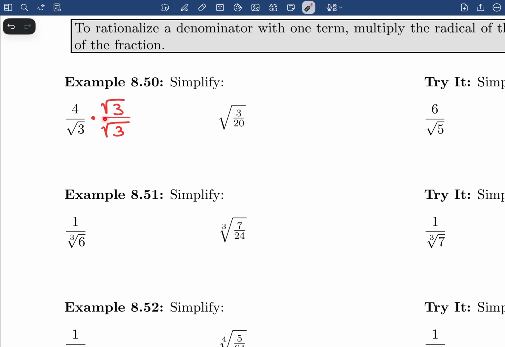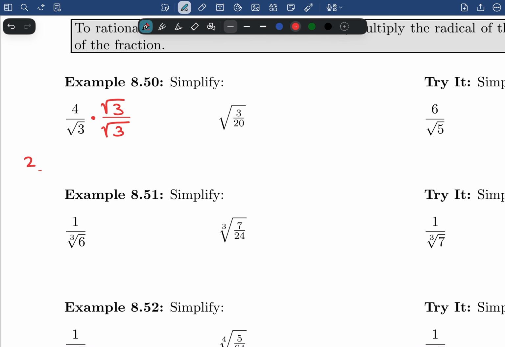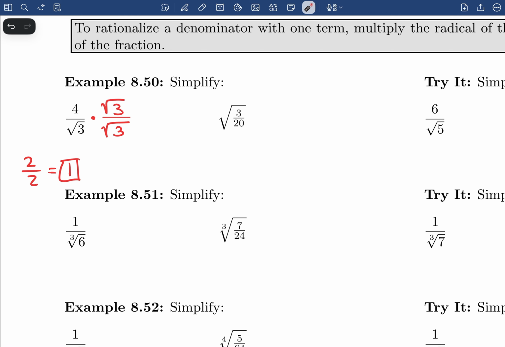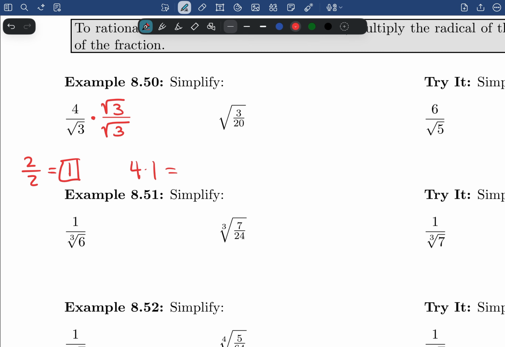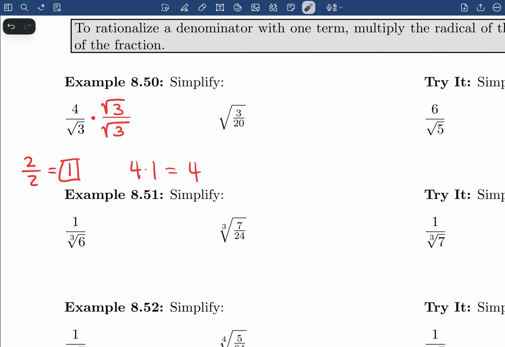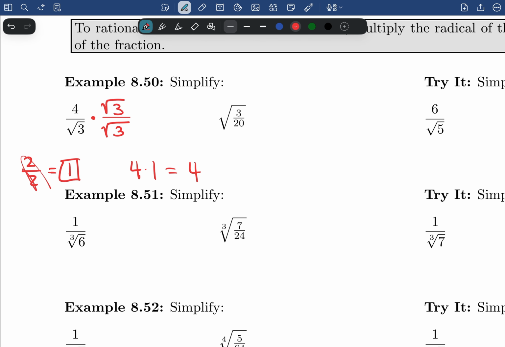The square root of 3 divided by the square root of 3 is the same thing as 1, just like when you take 2 and divide it by 2. Anything divided by itself is 1, right? And multiplying by 1 doesn't change anything. 4 times 1 is 4. So that's the idea: we're multiplying by the same thing divided by itself, which is really like multiplying by 1. Okay, so that's the quick explainer.